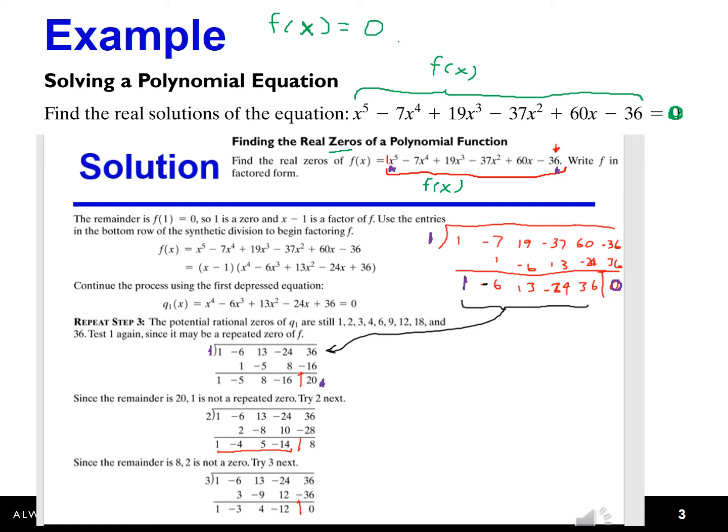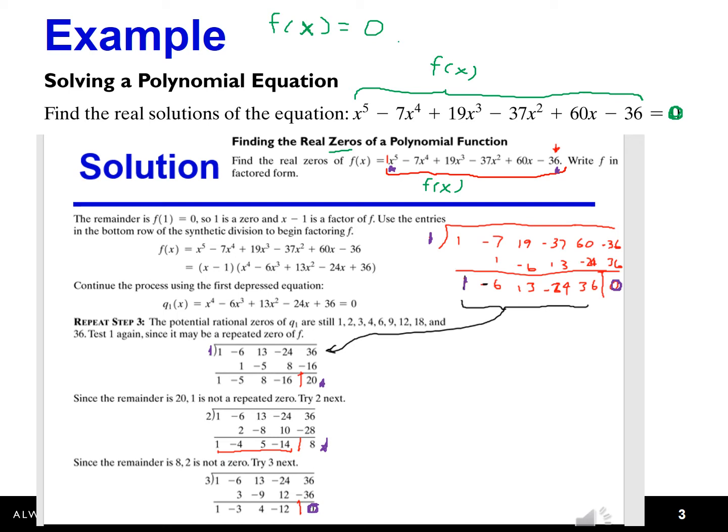Then we tried the 2, and again we did not get a zero remainder. But then we tried the 3 as the graph suggested, and we do get a 0 remainder. And you might remember that it actually turned out to be a double solution. That was a case of the graph touching, not crossing.